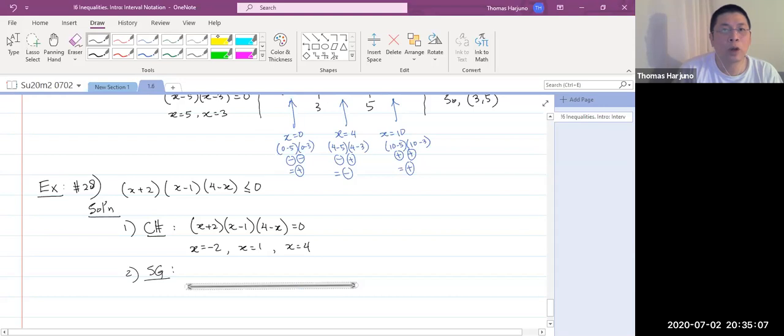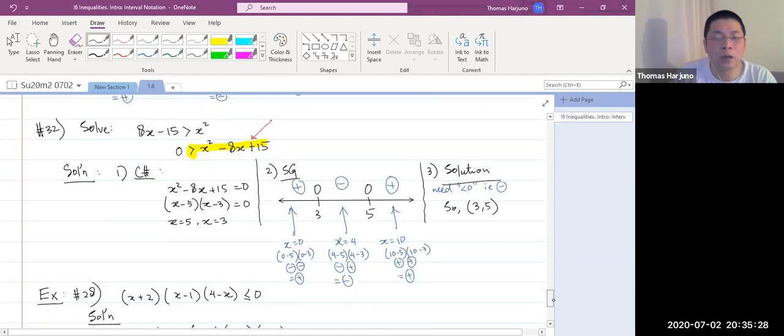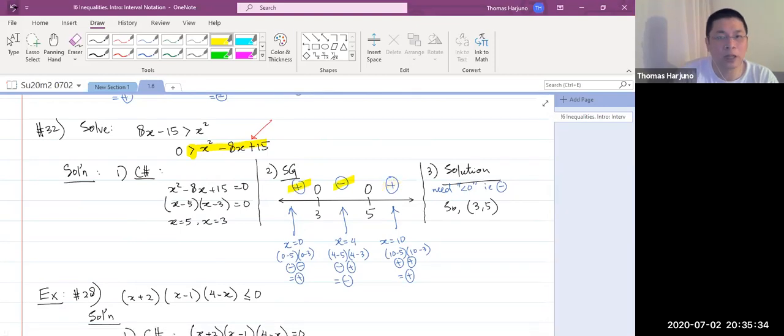I think tomorrow I can give you a few more shortcuts such that instead of doing a lot of testing points, you can just do one testing point and get the sign for all these intervals. Some of you may observe that the sign always alternates. Plus, minus, plus. So far, that's the case.